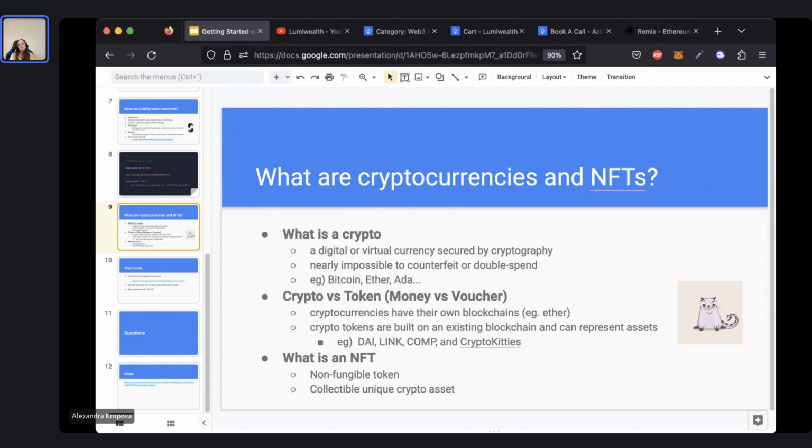And this is a huge problem because being able to send a copy of money is a big way that fraud happens, counterfeiting happens. But with cryptocurrencies, it's actually nearly impossible to counterfeit a cryptocurrency, especially compared to a regular digital dollar. And this is because of how cryptocurrencies work.